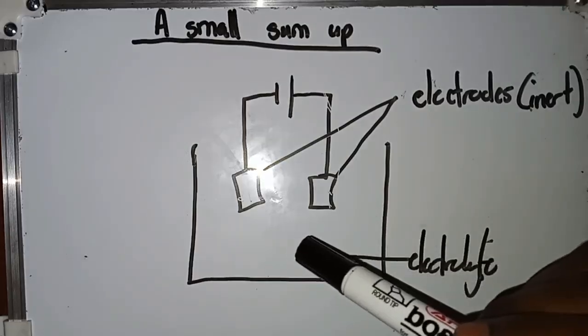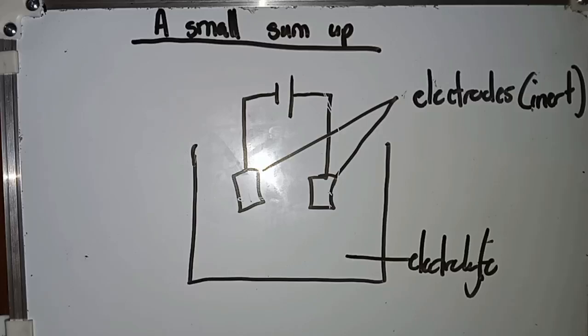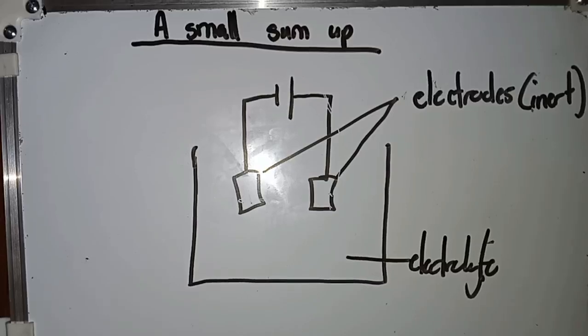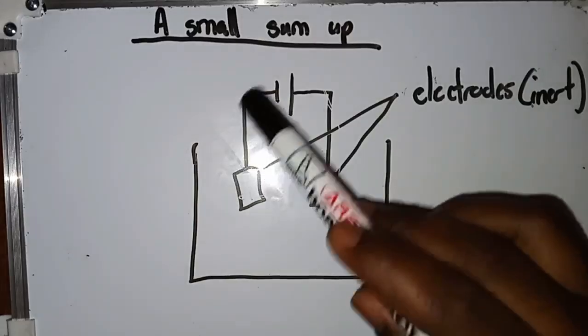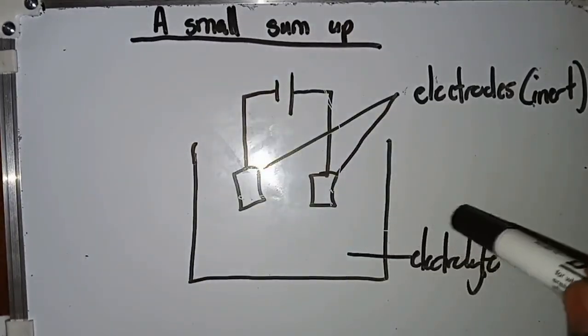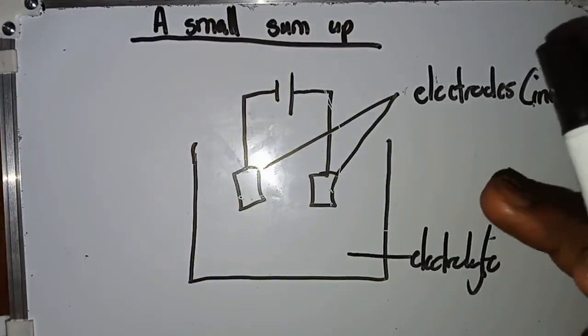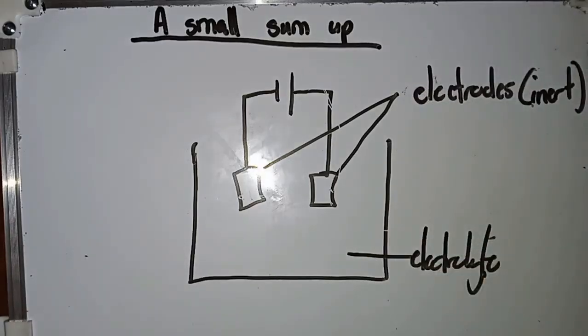Let's say our electrolyte is copper sulfate, and it is blue. As the electrolysis process happens, you're going to see that the blue color of the electrolyte begins to fade. So that's a small sum up of what we've done.